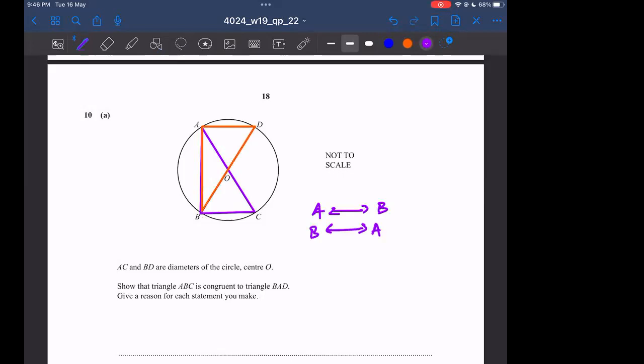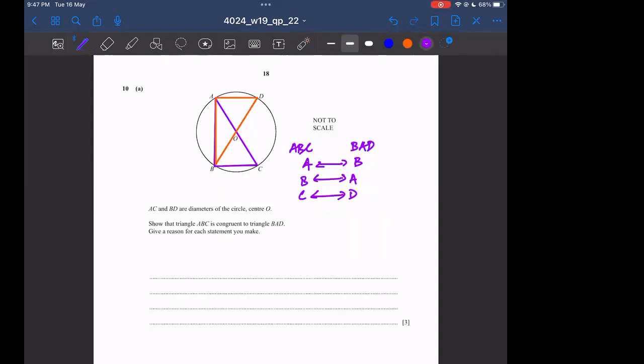Now you can see that these two are diameters here, BD and AC. So in the purple triangle, in triangle ABC, we have AC equals BD. And what is the reason? Reason is diameter of circle. First reason.